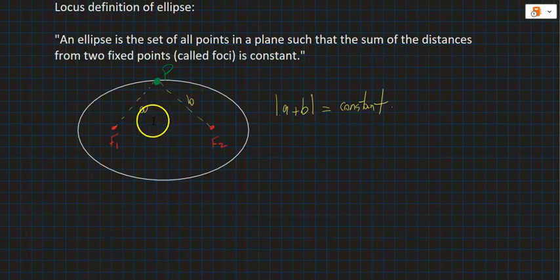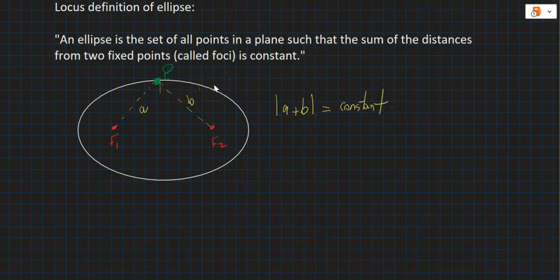So let's randomly choose A as 1 and B as 2, the distances from F2 to P and F1 to P. As this point P moves around, if it maintains the same value of 1 plus 2 in terms of distance, in total that means 3, it generates this path, which we call a locus, that actually gives rise to the diagram we call an ellipse.